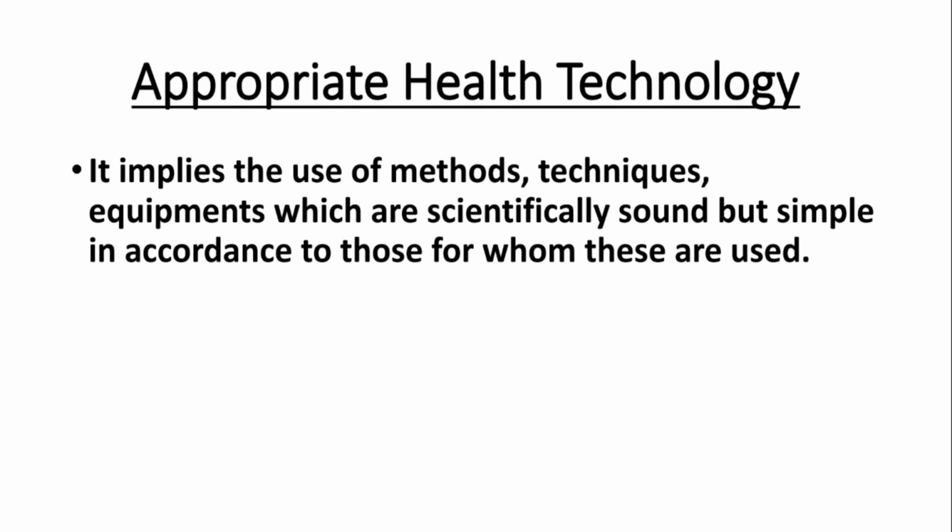Appropriate health technology means that whether it is equipment, methods, or anything related to health or care which is provided to the patient, client or community people, it should be affordable by them and should be locally available, locally manufactured.